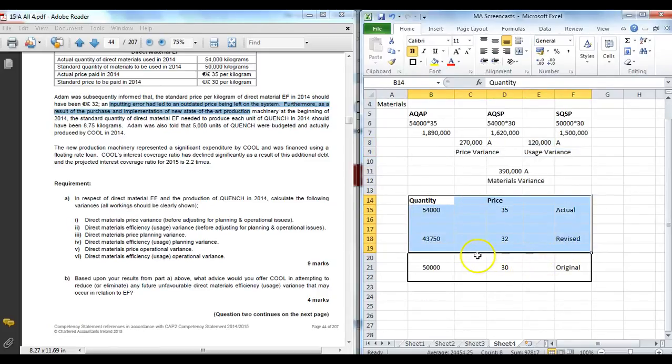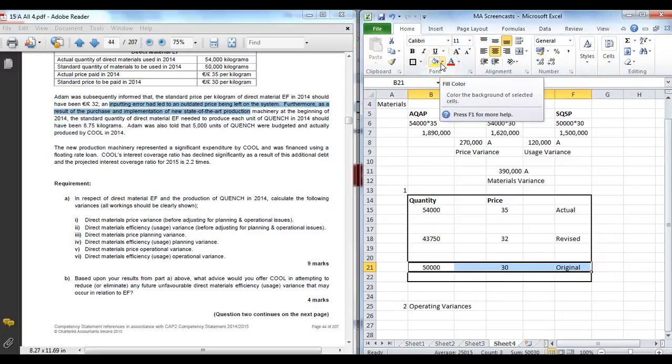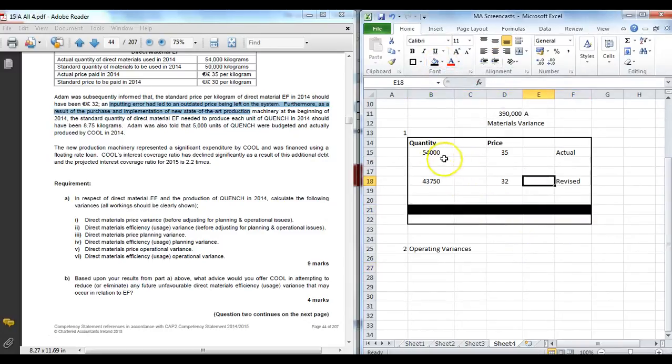And now what we do is very straightforward. The second step is operating variances. For your operating variances, the way I tell students to do it is, you remove the original or hide it. For example, put a small bar over it to ignore it. And now we're going to look at actual compared to revised.